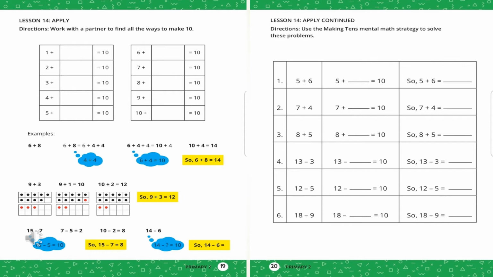Here in the next page we have 5 plus 6. We will use here our superhero 10. This 5 needs what to be 10? It needs another 5 because 5 plus 5 equal 10.